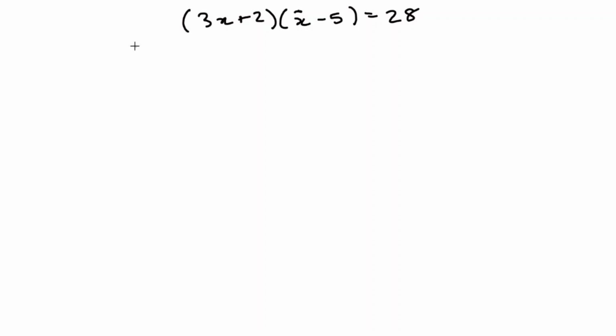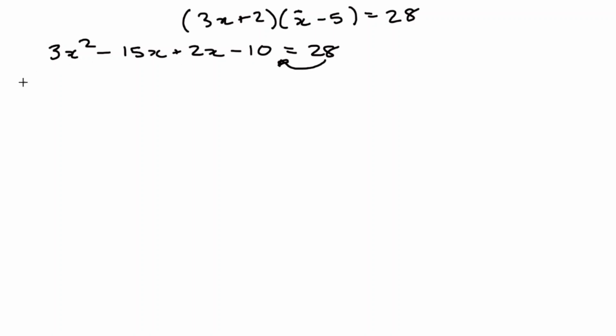So when we have something like this, what we need to do is expand it back to its original form. That'll be 3x squared minus 15x plus 2x minus 10, which is equal to 28. Then we have to take 28 to the left-hand side so that the right does become 0.